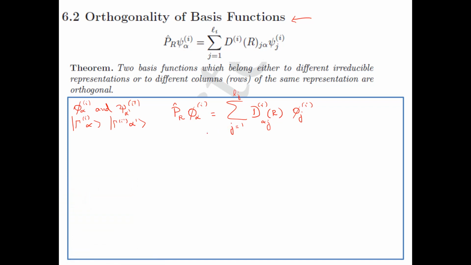And I can also apply the same symmetry operation to psi. Let's apply the same symmetry operation to psi alpha prime I prime.